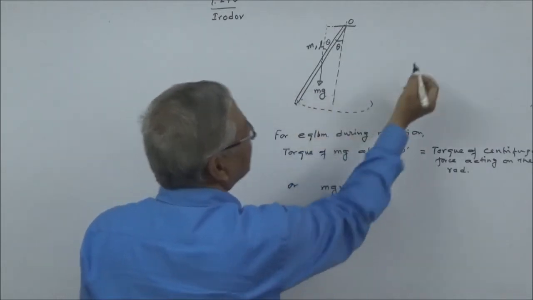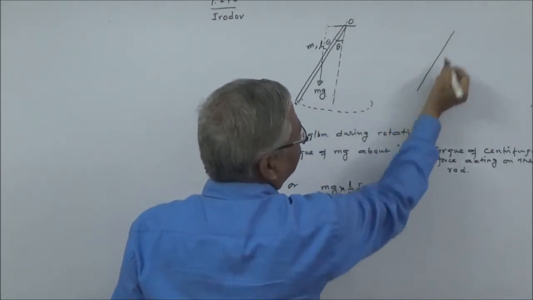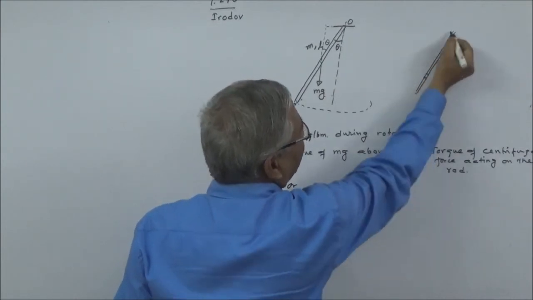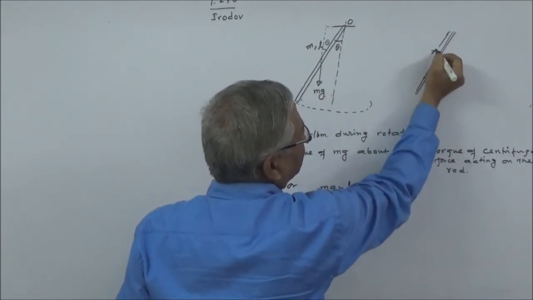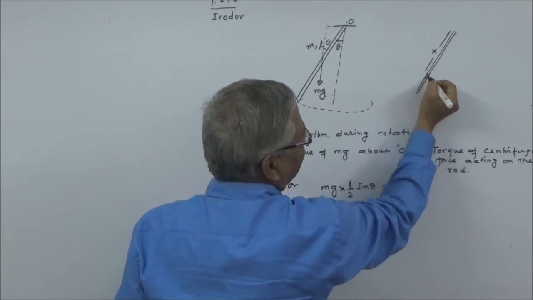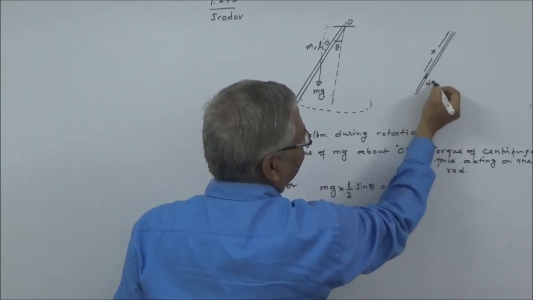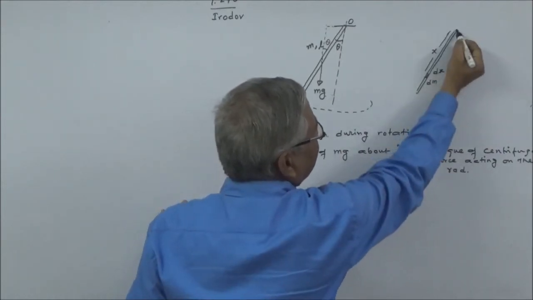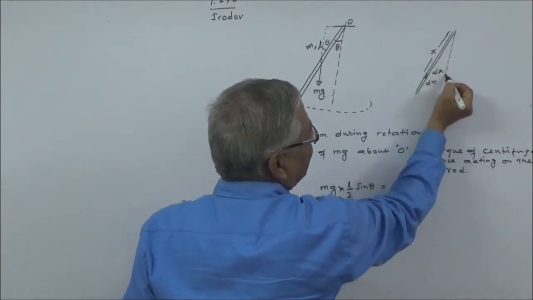For the torque of the centrifugal force acting on the rod, consider an element at a distance of x, of mass dm and length dx.